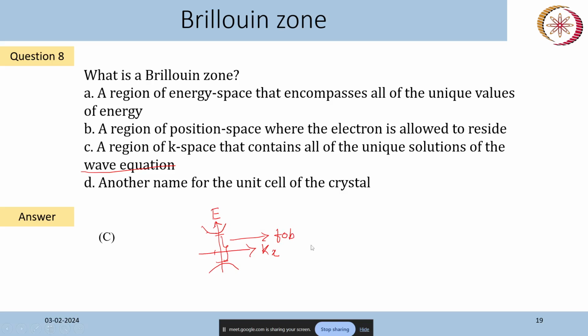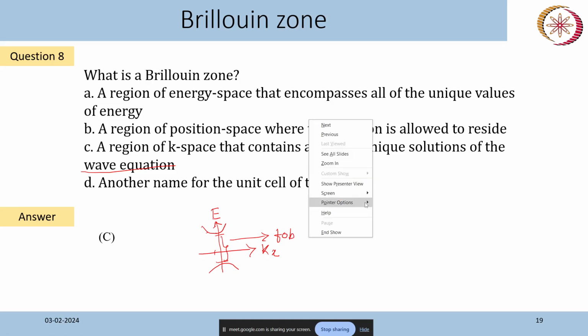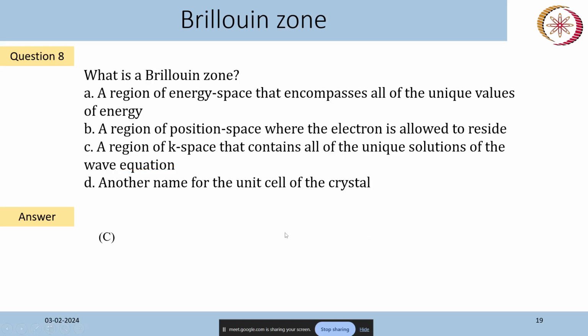Let me remove this. So you got my point, right? Basically, the wave equation here means Schrodinger's equation, and the properties of electrons are described by it. Based on that we get information about the electron, like the energies and the momentum. So K is related to momentum, right?